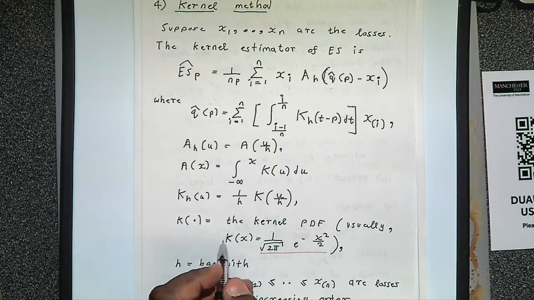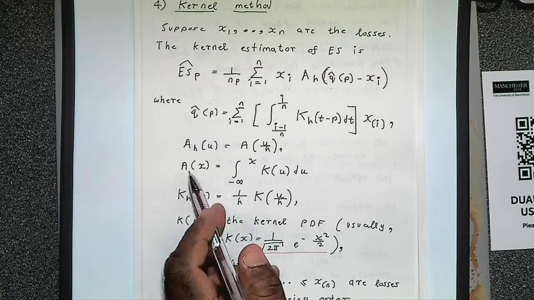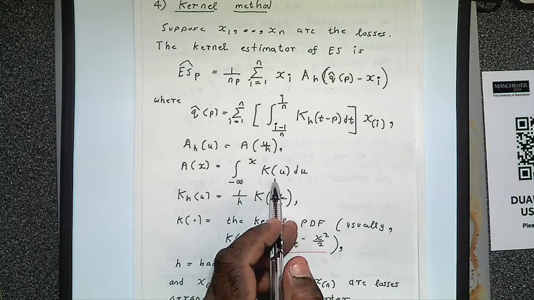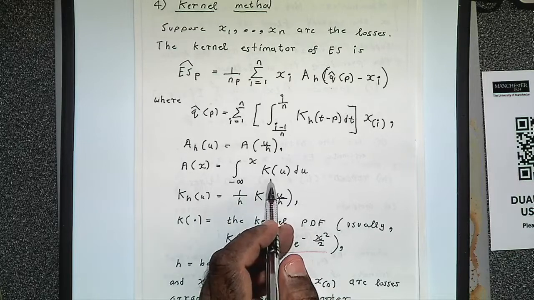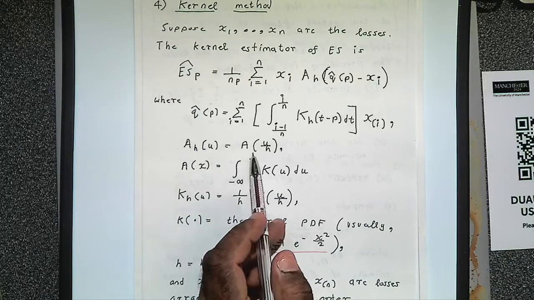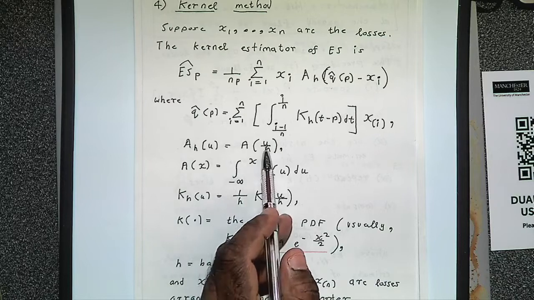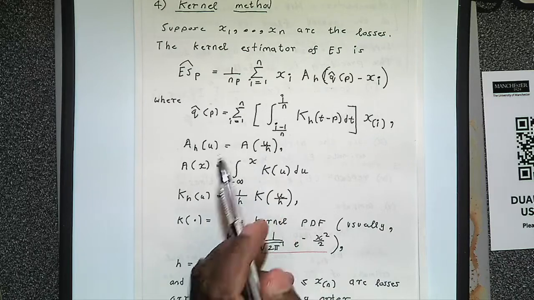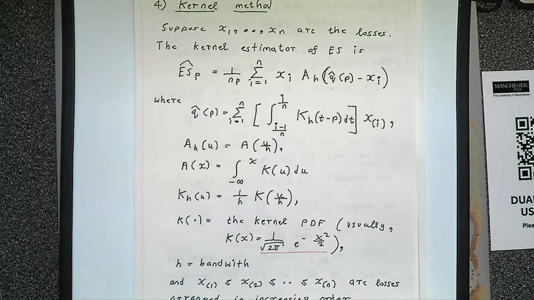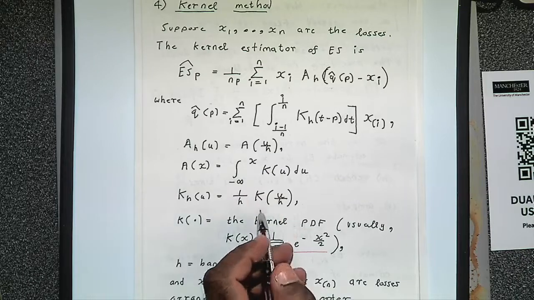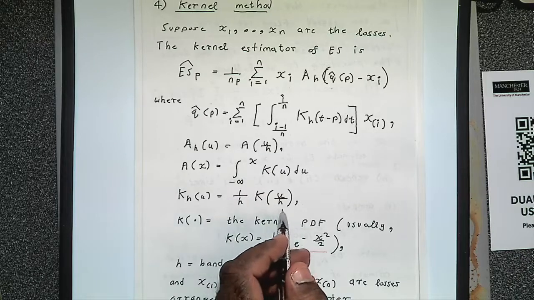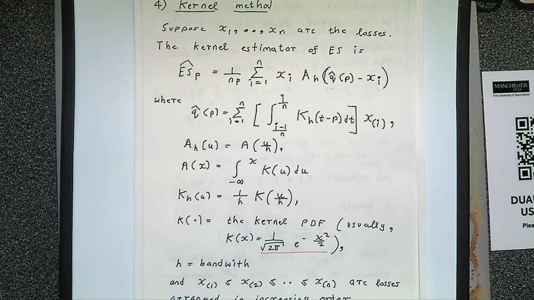So K is usually taken to be the standard normal PDF. And A is just the integral of K, of the kernel PDF. And A_h is defined as A of u divided by h, where h is the bandwidth. And K_h is defined in this way, where again h is the bandwidth.